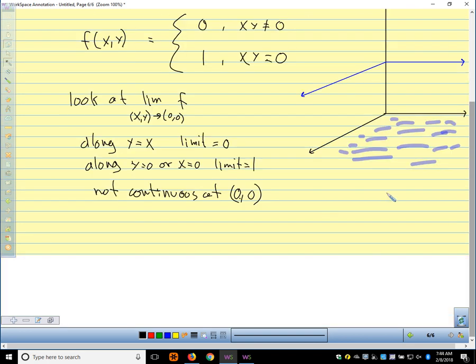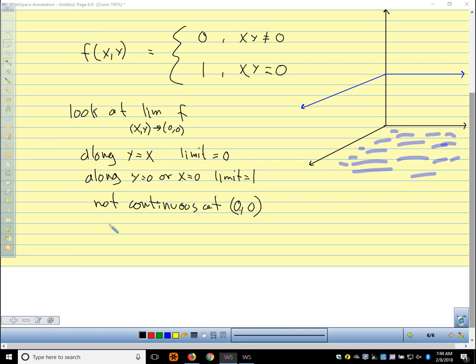What is the slope? What is f sub x or f sub y along here? The partial with respect to x, partial with respect to y equals 0. What is the partial with respect to x or y down here? Also 0. Therefore, f sub x and f sub y equal 0 everywhere.